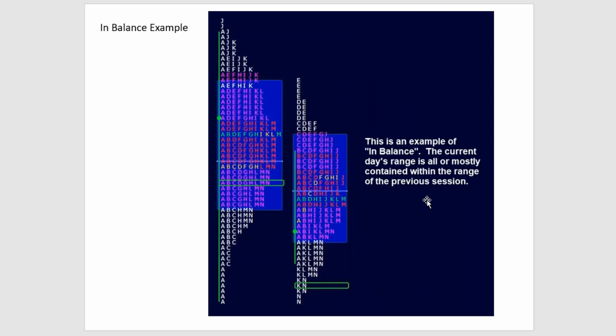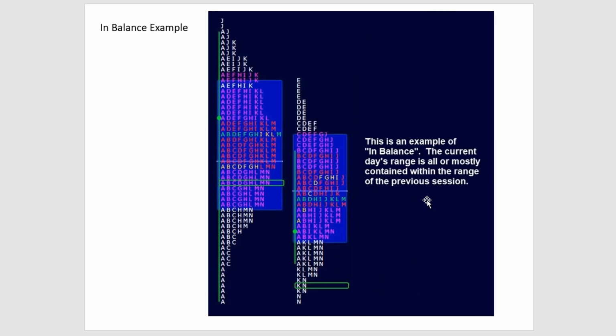If you come along and trade on the following day and you are still remaining within the balance of these 2 days, then the next day is more than likely going to be another balancing day.